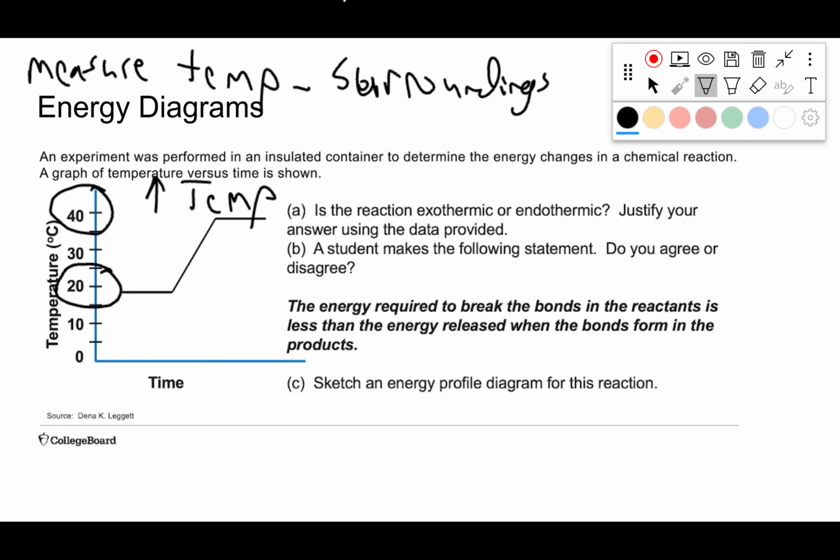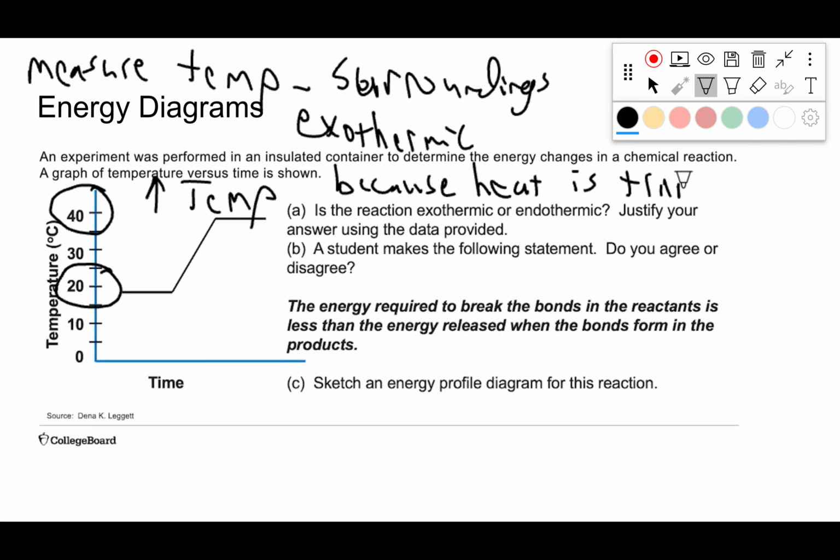Temperature is measuring the surroundings, how it's being affected by this reaction. And so since this temperature went up, this reaction is going to be exothermic. And my justification would be because heat is transferred to the surroundings.